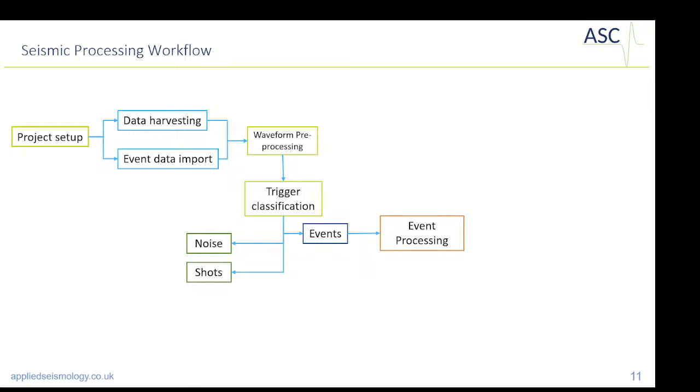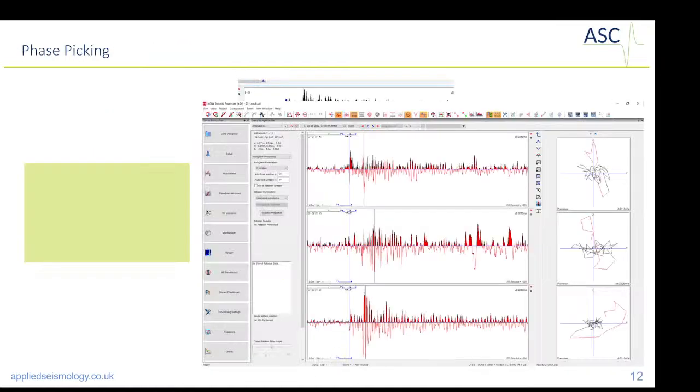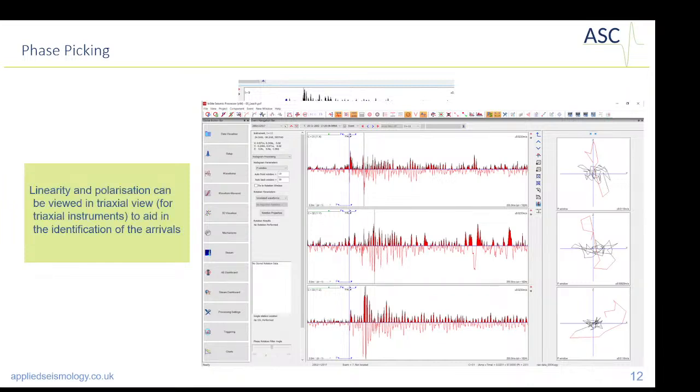And then we go on to probably the most useful part of the application, which is the processing of events. By processing, we mean processes such as the identification of our phase arrivals, which can be automated or can be done manually.